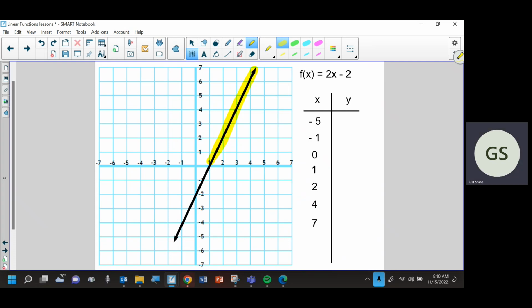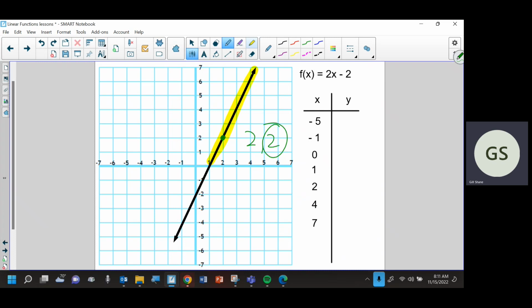Because every y value, if I pick any point on that graph and I write down the x and the y, what's the x and y value right here? T-shot, what's that x and y value where I just put that green dot? It's 2, 2, right? So if it's 2, 2, the y value is positive.